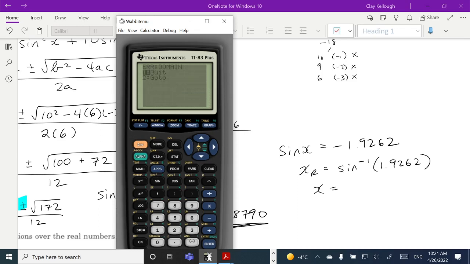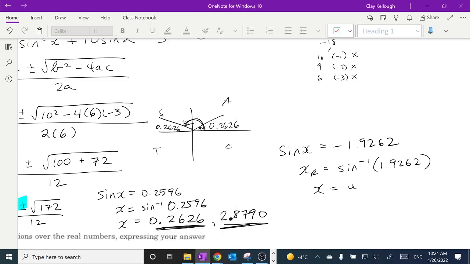Boom. Oh, it didn't work. How come? What is the calculator trying to tell me? Right, it's trying to tell me that sine can never be more than 1 or less than -1. So I'll just say no solution. I was going to say undefined, but that's actually not true. You just say no solution.